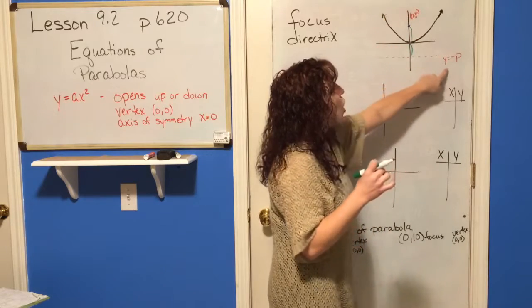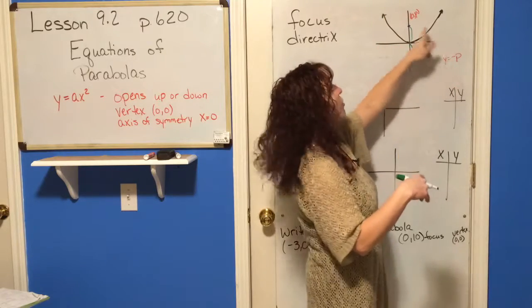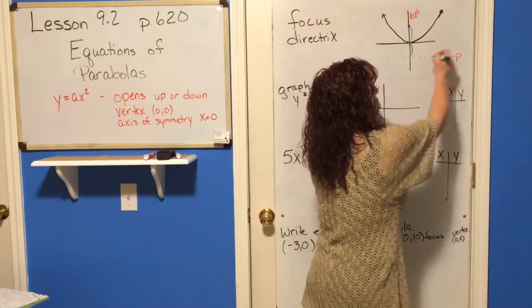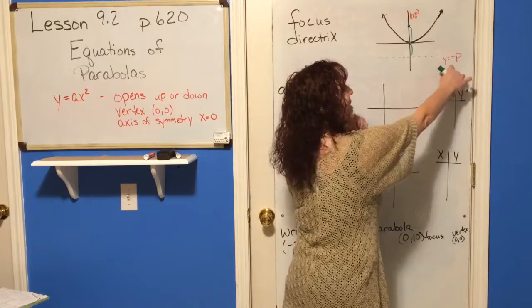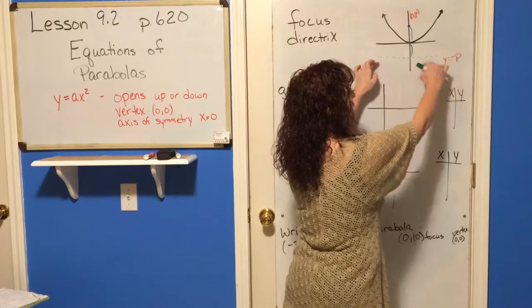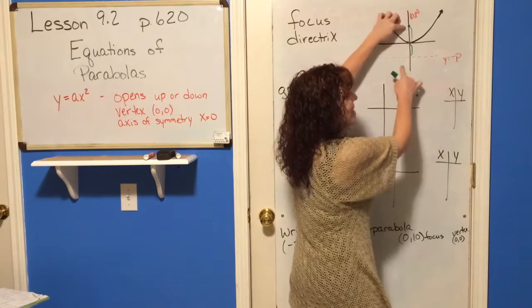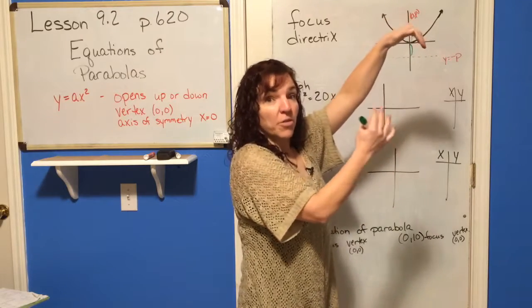The directrix is always going to be the negative of whatever p is. So the directrix is y equals p, or negative p, sorry. In this case, y equals negative p. It's going to be the same distance, but the opposite direction from the focus.